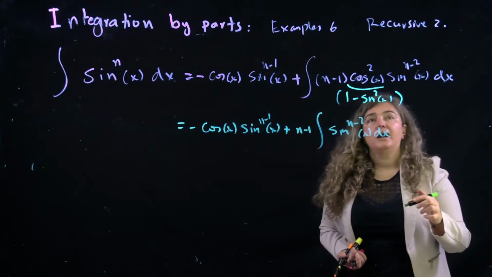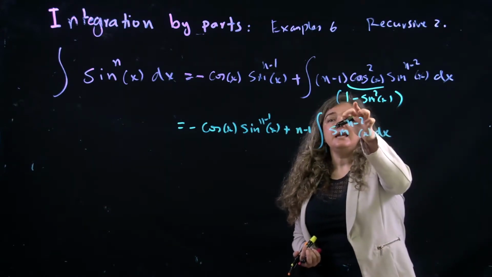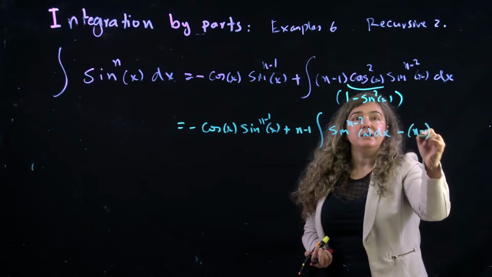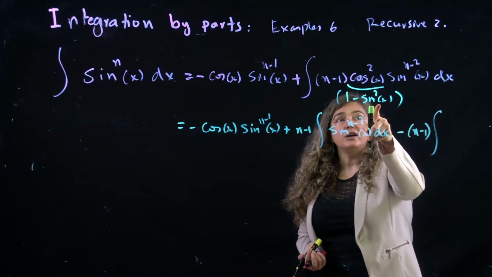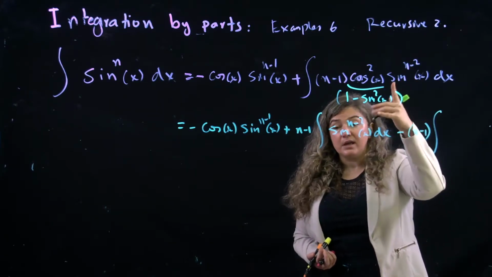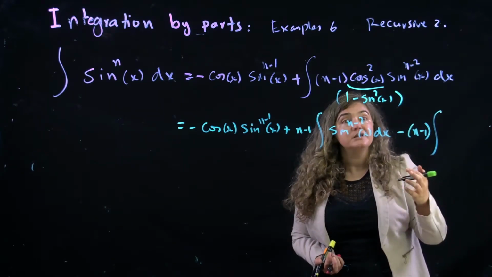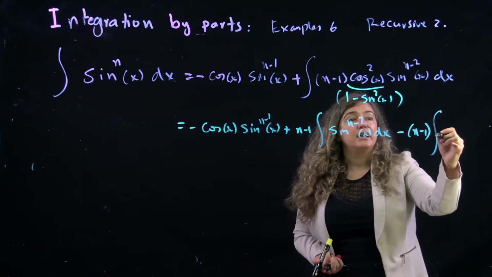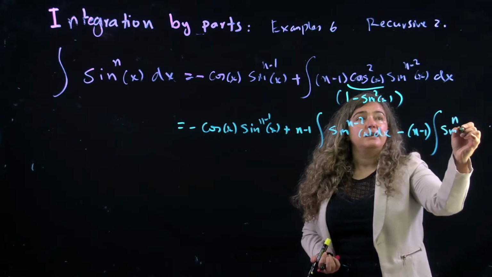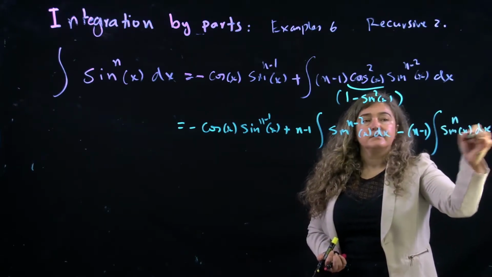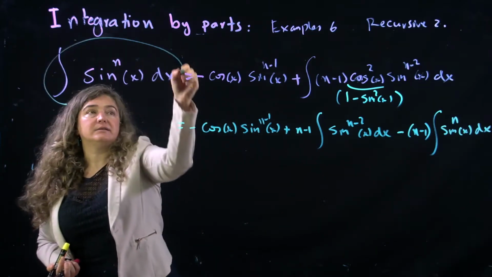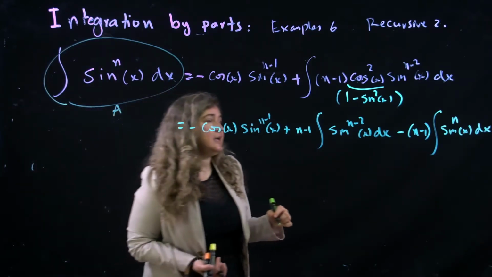And then I will have negative n minus 1 times the integral of sine to the power 2 times sine to the power n minus 2. These are the two functions, and I will get sine to the power n of x dx. Okay, I went back to what I started with right here, a.